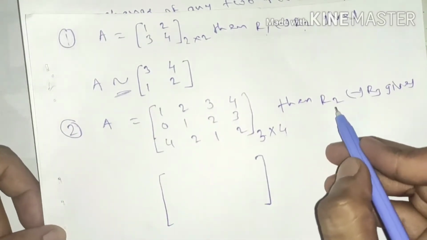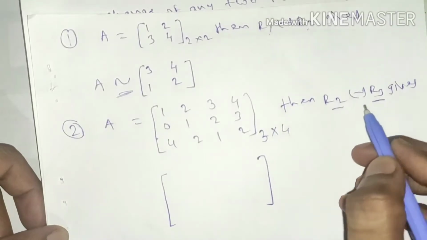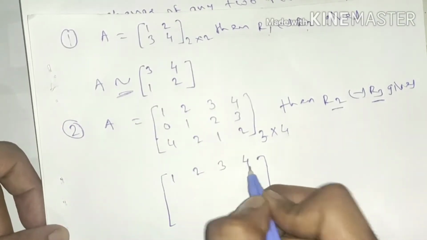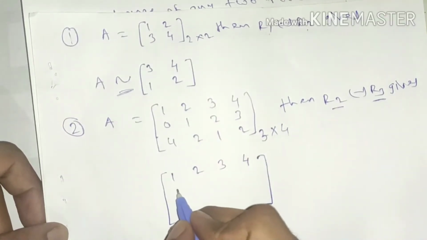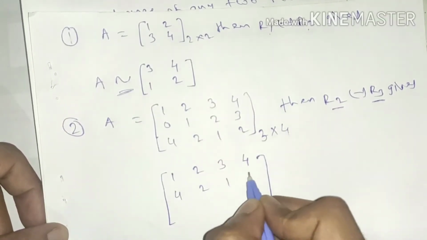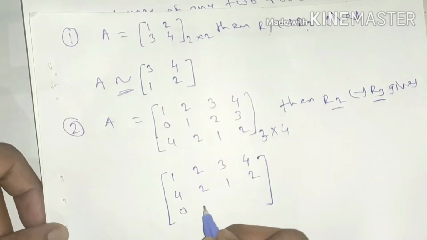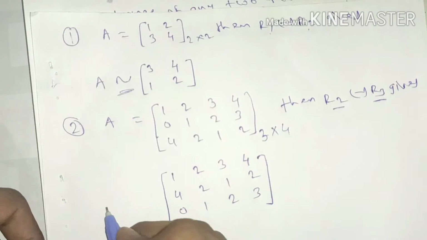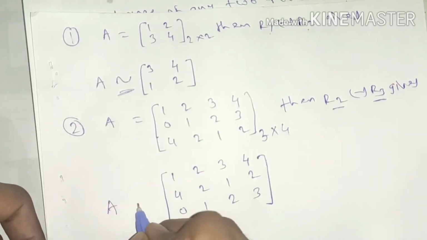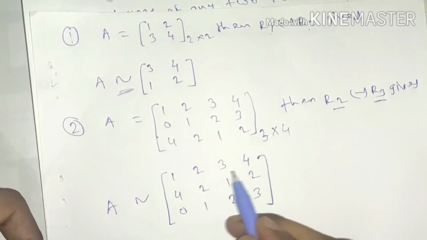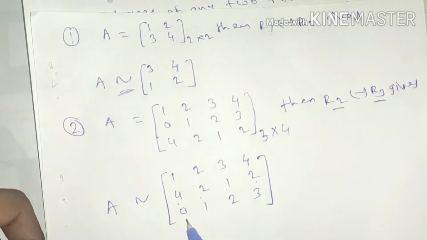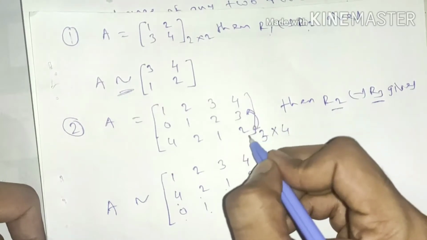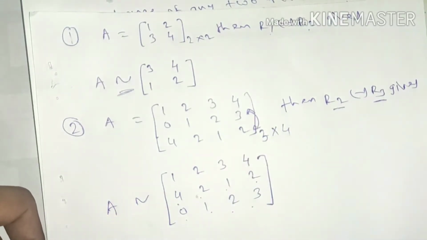So we interchange second and third row. The first row is the same, in the new matrix it is 1 2 3 4. The second row will be 4 2 1 2 and third row will be 0 1 2 3. So we say the given matrix A is equivalent to the new matrix [1 2 3 4; 4 2 1 2; 0 1 2 3]. So we interchanged second row and third row of the given matrix.